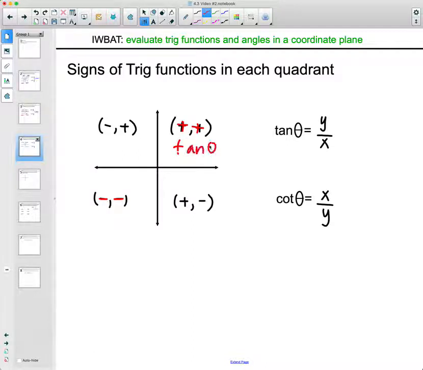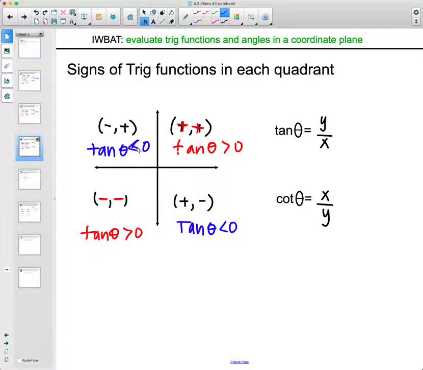Tangent is positive in the first and positive in the third. If they have one of each, then tangent is negative, because a positive divided by a negative is negative. So tangent is less than 0 in the second and the fourth.